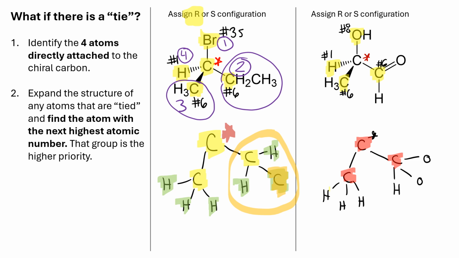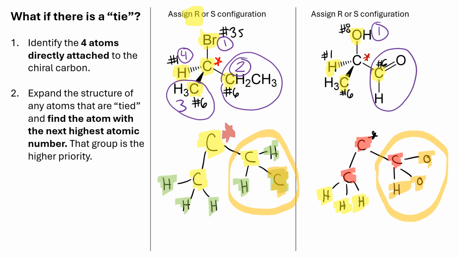But then as we go out, hydrogen, hydrogen, hydrogen, and then over here, hydrogen in the orange, oxygen, oxygen. So this entire group over here that I'm circling in orange is the higher priority group. So when we assign priority, we're going to say that this oxygen up here is the first priority. This group is second priority. This group is the third priority because of the work we did below to expand that out. Hydrogen is the 4th priority.